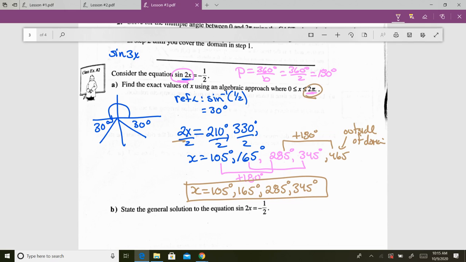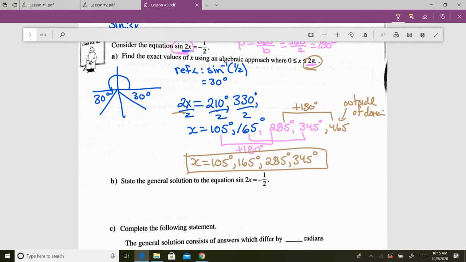All right? Now, the second part ties into what we just did. How do I get the general solution to this graph? What do you do for the general solution? You add multiples of the period. That's it. So just take your answers.